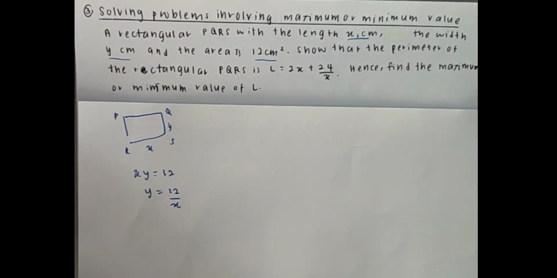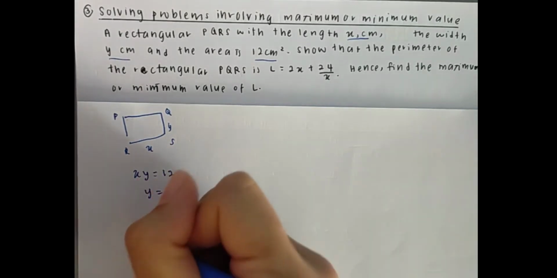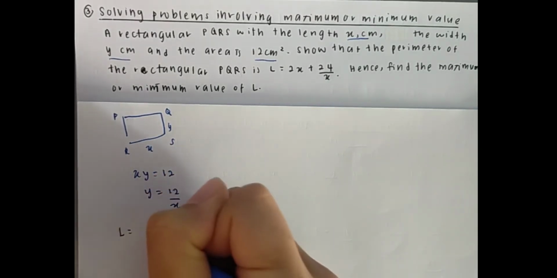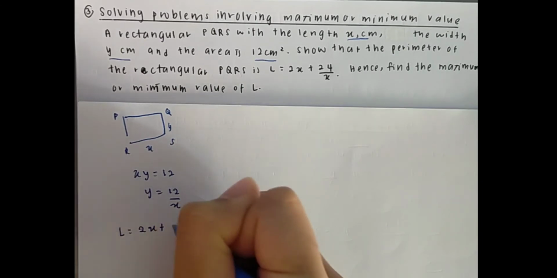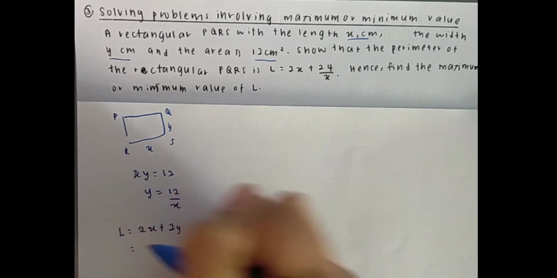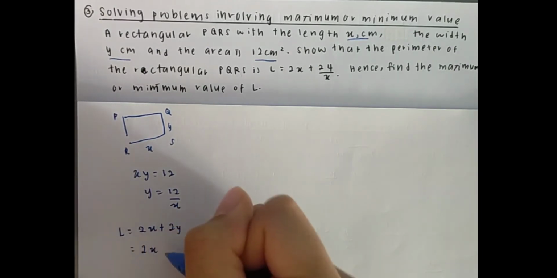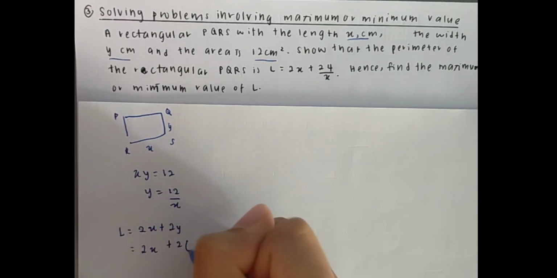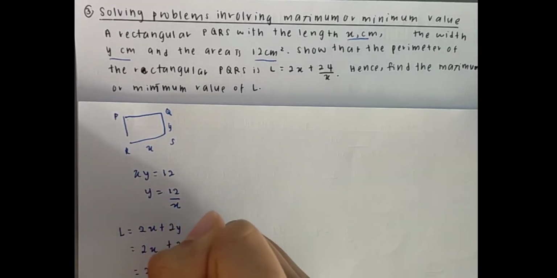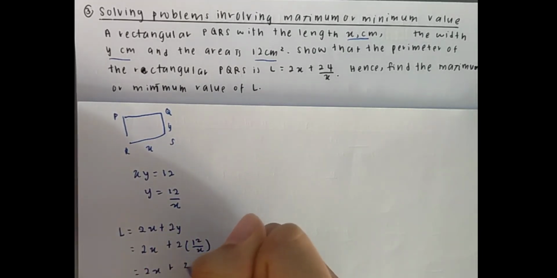So the perimeter of the rectangle PQRS is L equals 2x plus 2y, and then we substitute y to get 2x plus 2 times 12 over x, and we will get 2x plus 24 over x.